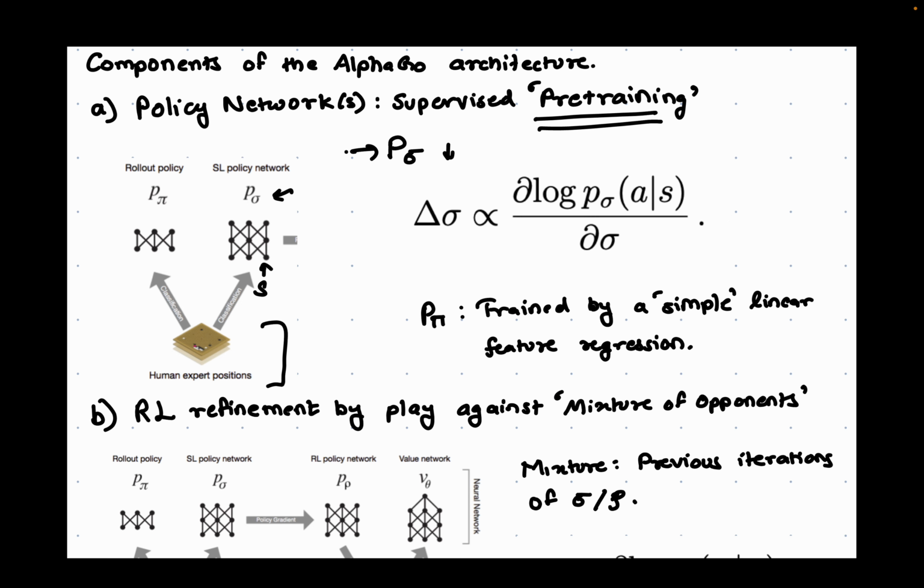So it's basically the same as classification. You have an image, what is the probability that it's a parrot? You have the usual cross entropy loss, and then using the cross entropy loss, the P sigma network learns to mimic human moves.